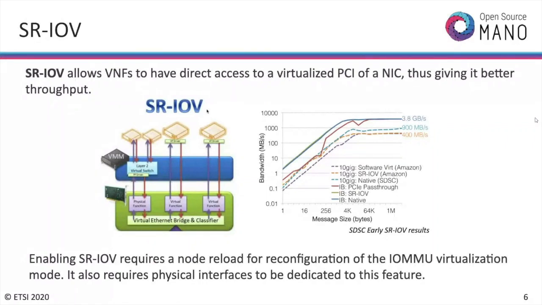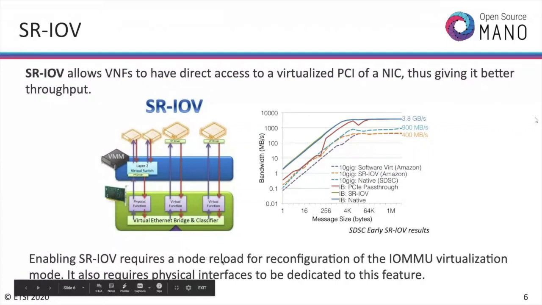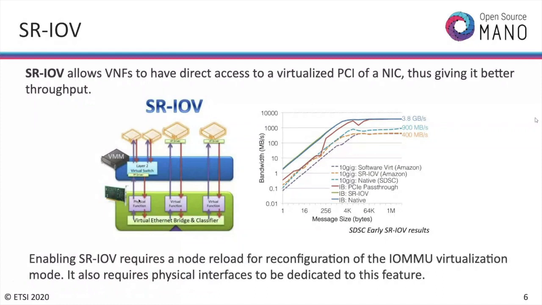So supporting SR-IOV is not a dynamic thing that you can just enable. You need to specify at the BIOS level in the server that you require this type of virtualization of the NIC, and you also need to configure the server with the specific NICs that will be used for SR-IOV and how many virtual functions they will support.